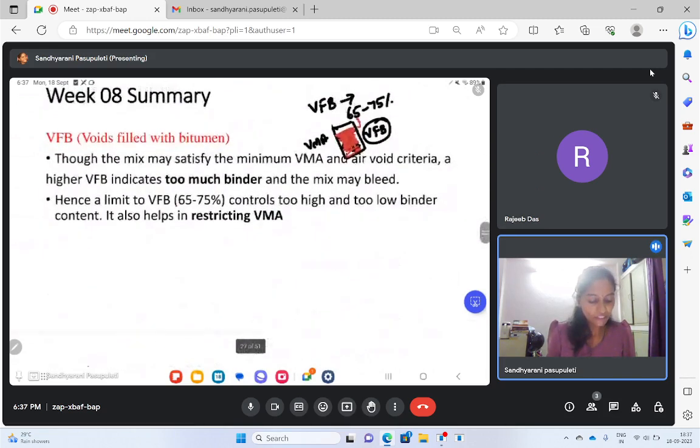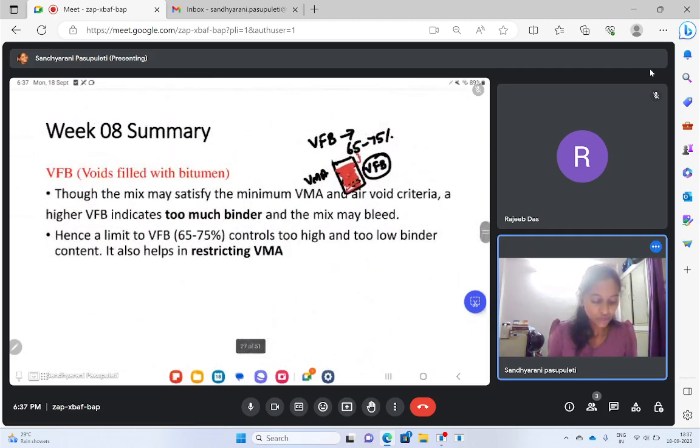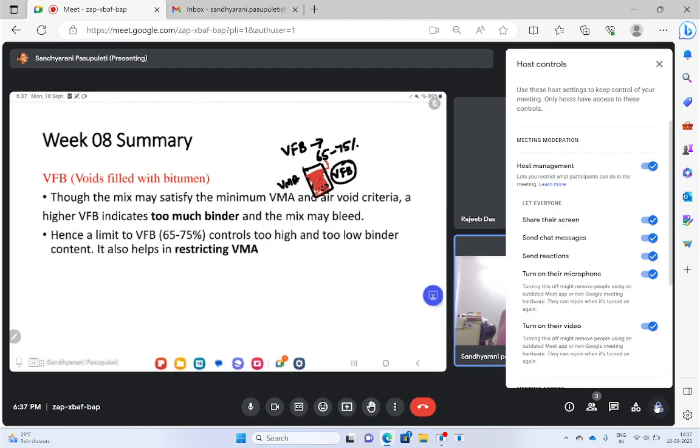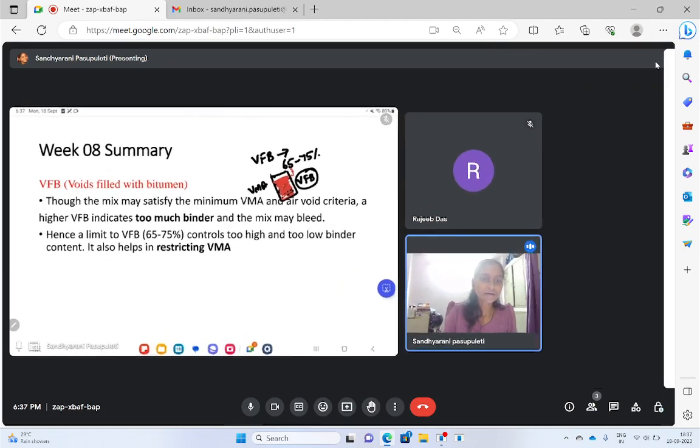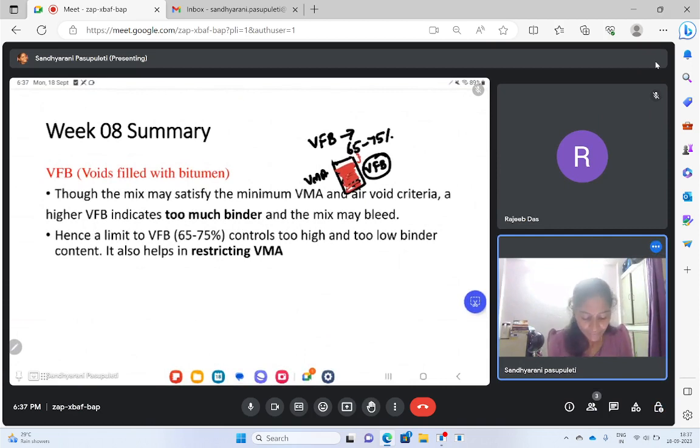So when the voids filled with bitumen is in this range, we can confirm that the bitumen is not filling too much and the air voids are sufficient. Thereby we can also restrict too much binder in the mixture. So when we restrict too much binder, we are avoiding tender mixes or bleeding in the bituminous mix.